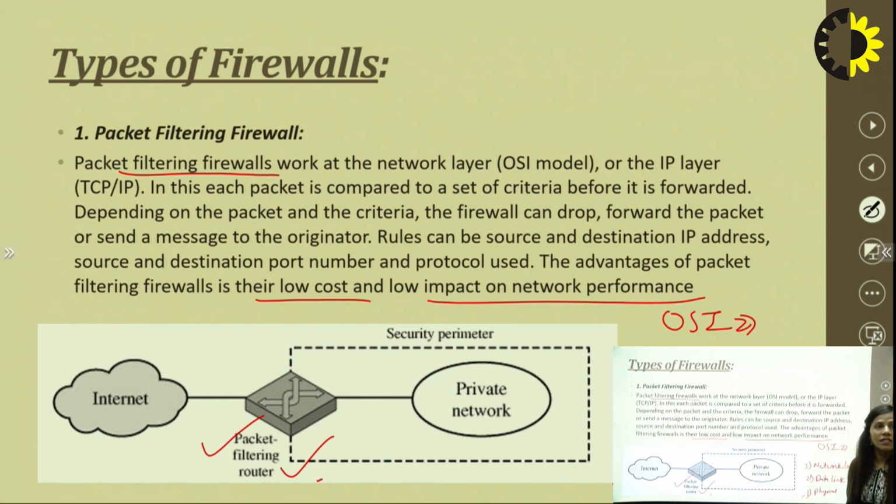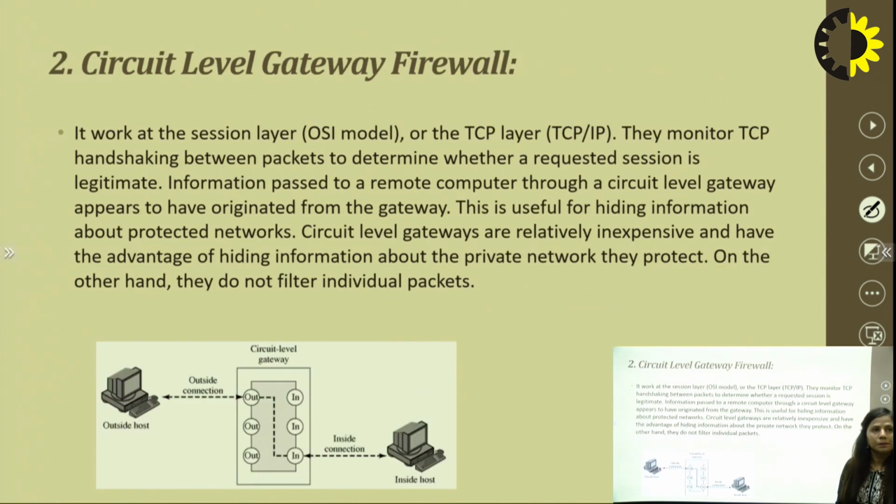Now let's discuss the next type of firewall, the circuit level gateway firewall. The circuit level gateway firewall works on the session layer. As we know, we communicate on a network using the OSI model or the TCP/IP model.